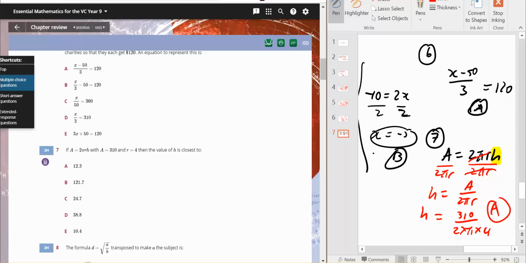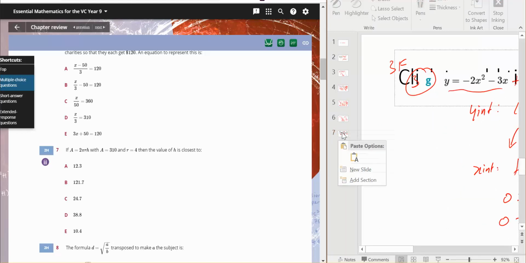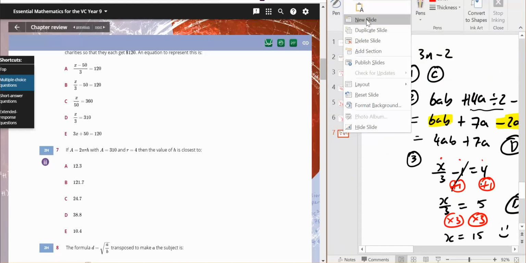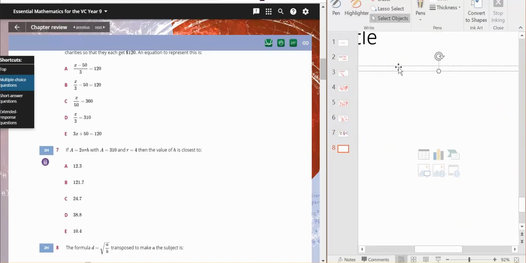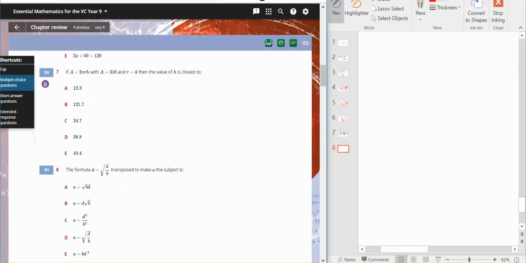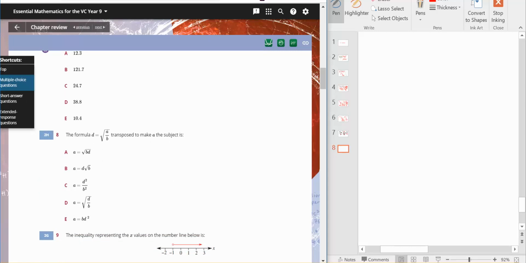We'll go to a new slide because I'm running out of space. Next question, question 8. The formula transposed to make A the subject: D equals the square root of A on B. I need to remove the square root, and the opposite of square rooting is squaring.